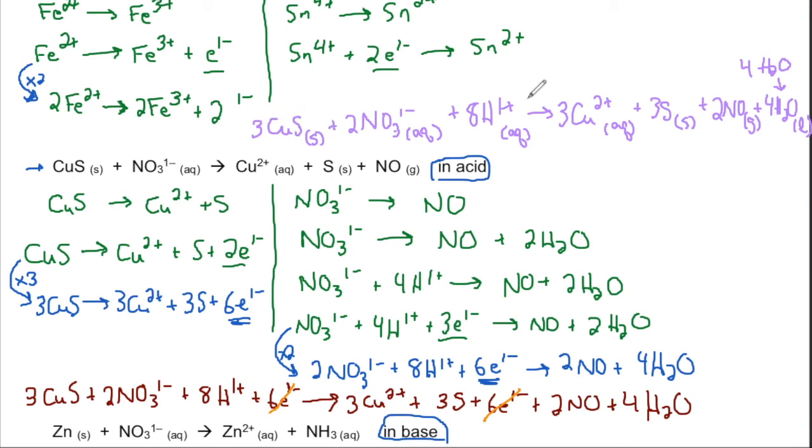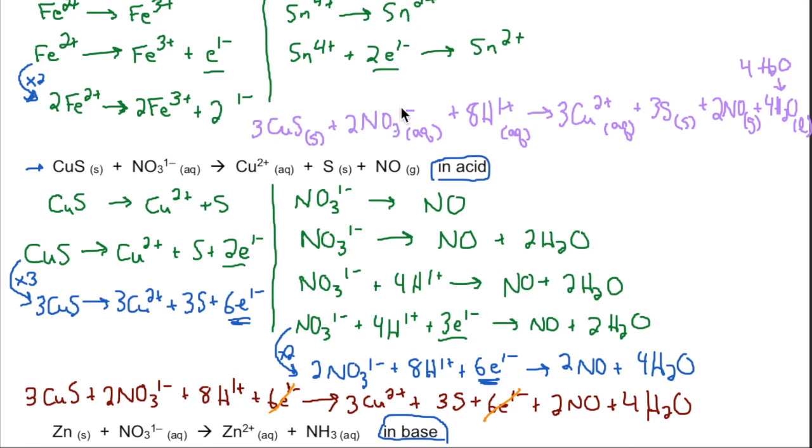So we have 3 copper, 3 sulfur, 2 nitrogen, 6 oxygen, 2 plus 4 makes 6 oxygen, 8 hydrogen. So our elements are balanced.